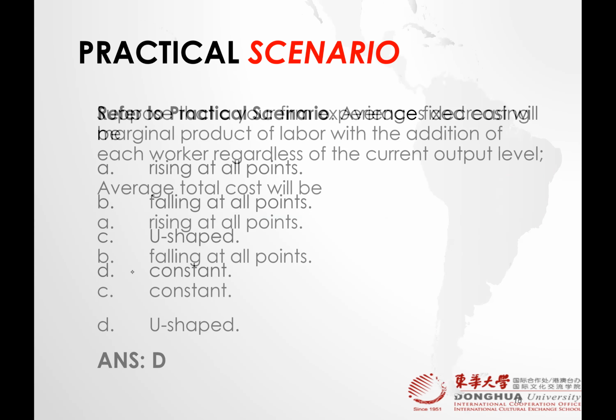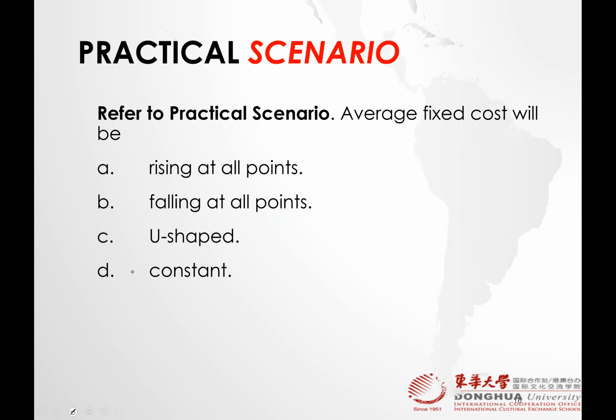And answer this question. Average fixed cost will be U-shaped? I think it's B. What is the shape of the fixed cost? Always decreasing, following the x-axis.